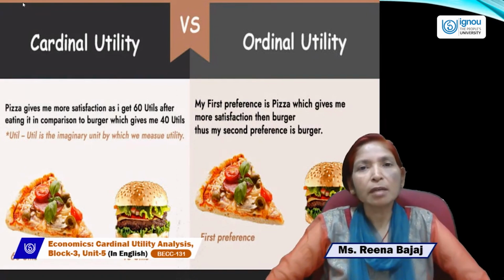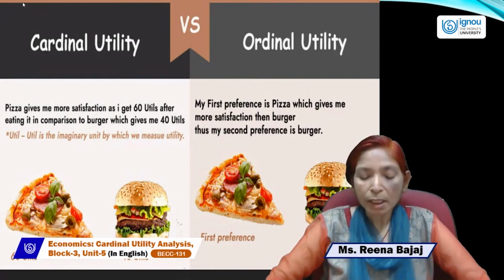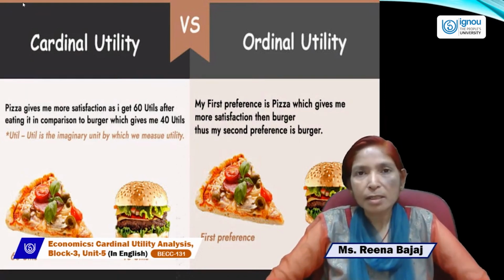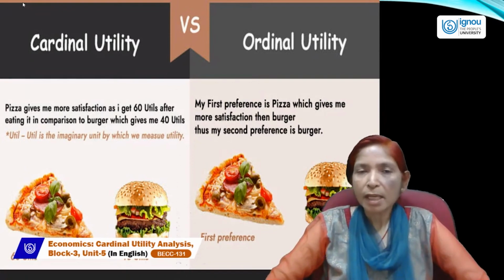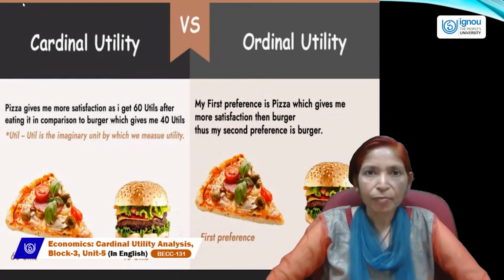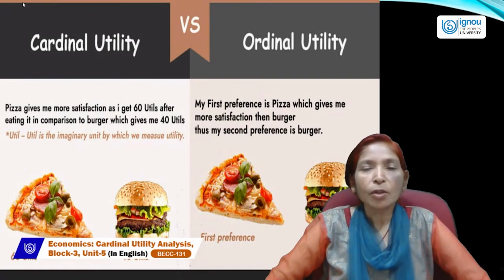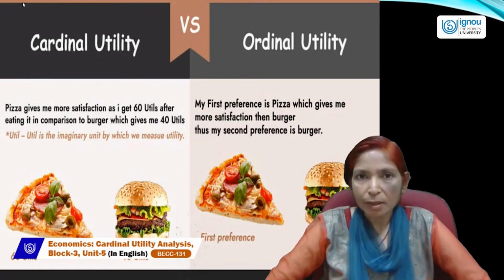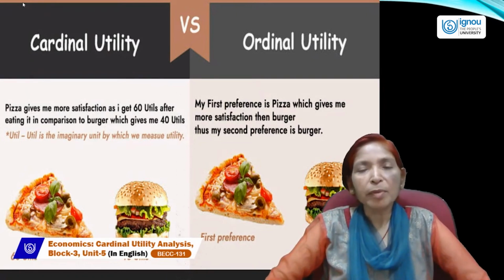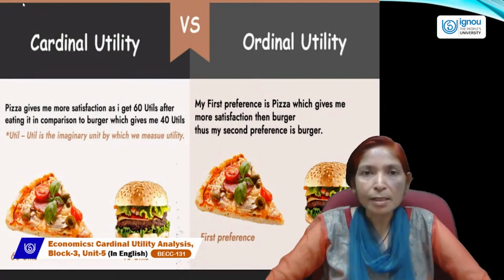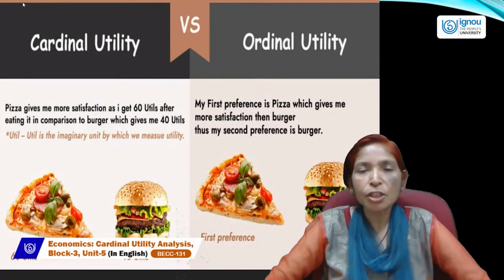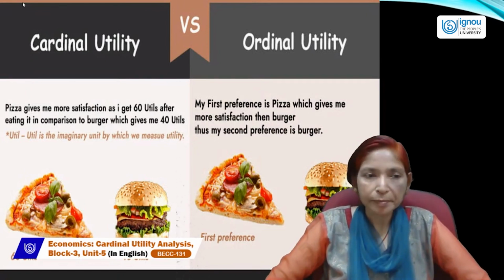Weight can be measured in terms of kilograms. So everything can be estimated and we can give accurate units to it. Same as utility, which gives us satisfaction. Utility is a want satisfying power. So utility can be measured in terms of utils. Utils is the measuring unit of utility.